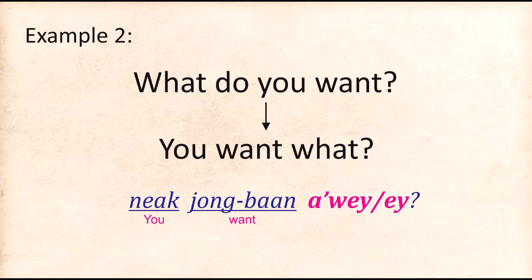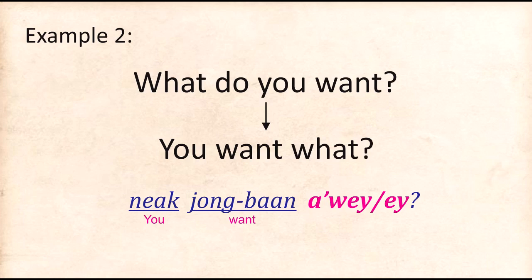So "want" is "chong ban." Actually, in English you have three structures for "want": want something, want to do something, and want somebody to do something. And in Khmer we translate them differently as well.